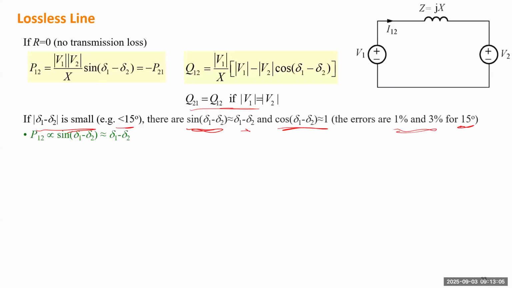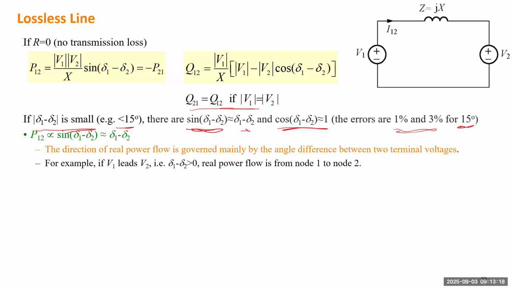Which means active power is roughly proportional to angle difference. The direction of real power flow will mainly depend on the angle difference between the two voltages. So if V1 is leading V2, the angle difference is positive, and active power will be from node 1 to node 2.